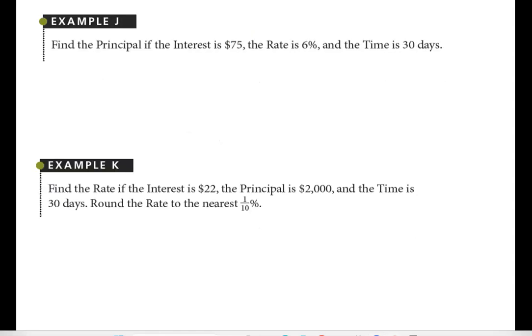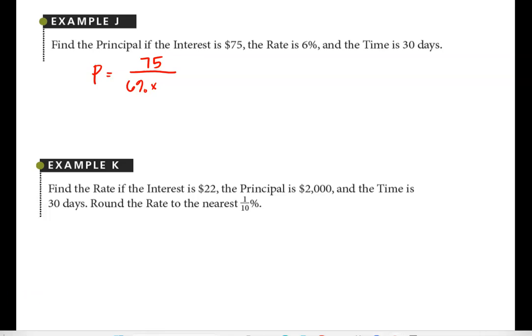In this case here, it's saying to find the principal. So we don't know what the principal is. So P equals, we know our interest. Remember that your interest is always your numerator, and your denominator is 6%. So that's my rate. And my time is 30 days.